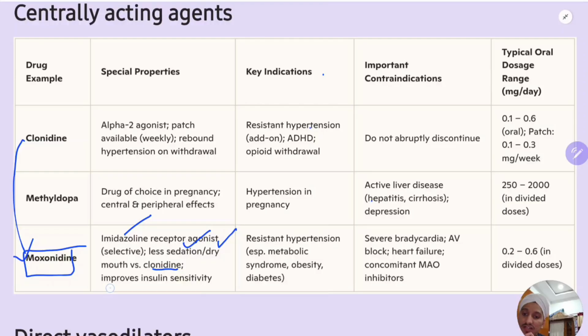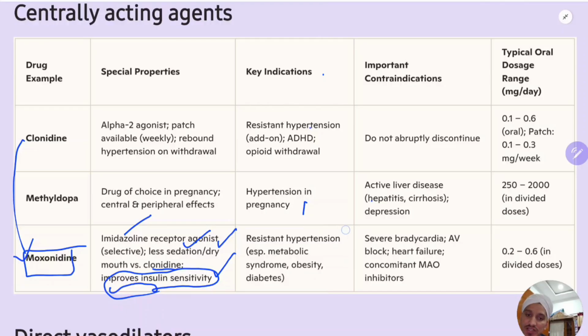And this is also an important one: it improves insulin sensitivity. Most patients who have hypertension have this metabolic problem, so we should choose drugs which have metabolic controlling power for metabolic syndrome. That's why Moxonidine has improved insulin sensitivity.